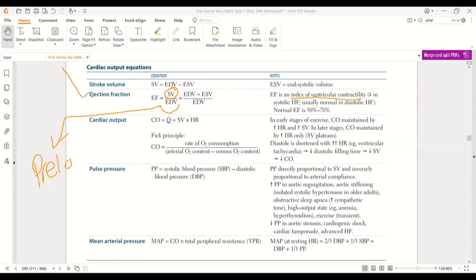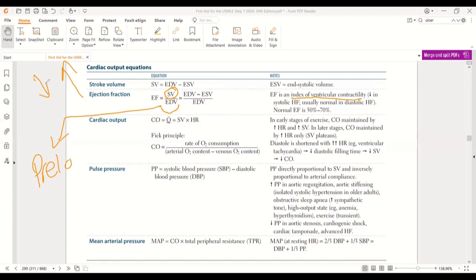If ejection fraction is decreased, it means the patient has a systolic heart failure. If ejection fraction is normal, it may be the diastolic heart failure, or it may be normal.